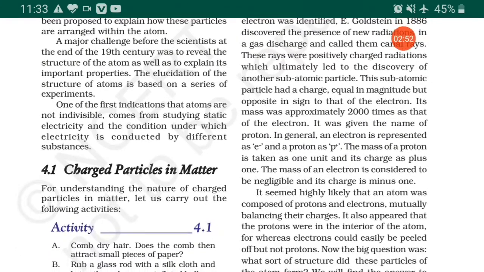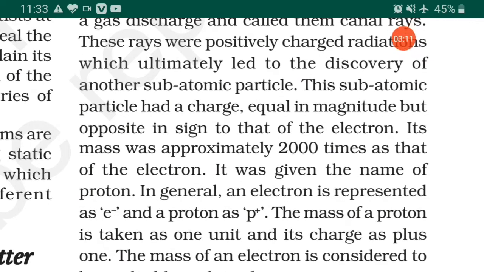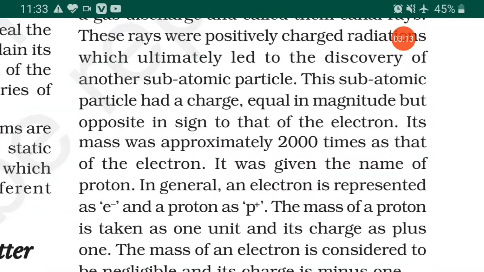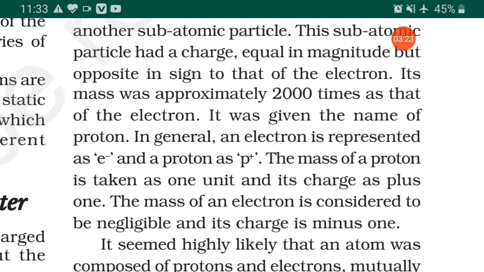The rays were positively charged radiations which ultimately led to the discovery of another subatomic particle. This subatomic particle had a charge equal in magnitude but opposite in sign to that of the electron. Its mass was approximately 2000 times that of the electron. It was given the name proton. In general, the electron is represented as e minus and proton as p plus.